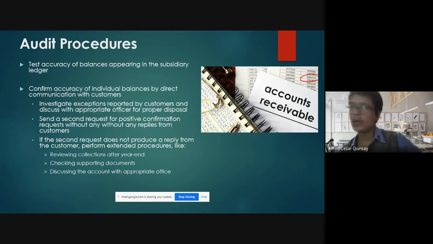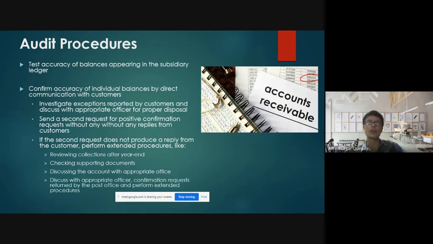The collection department is in charge of the receivables as far as collecting them. So somehow they know who that customer is, which should also be recorded in the accounting.